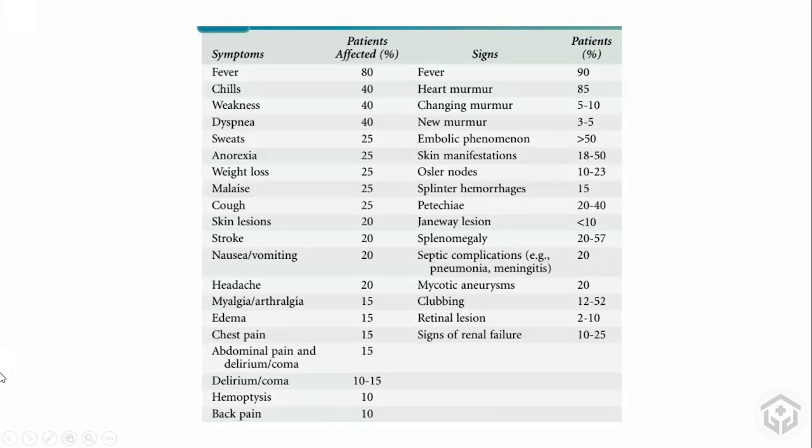There is also splenomegaly and other septic complications, where dislodged vegetations cause distant deposition. So these are the signs. The most common symptom is fever, but from the clinical point of view we have to look for the signs. Fever and cardiac murmur are the important ones.